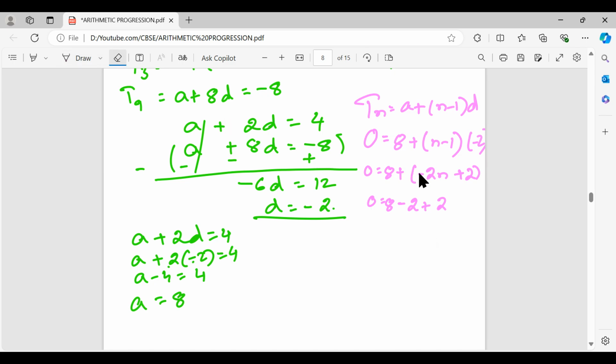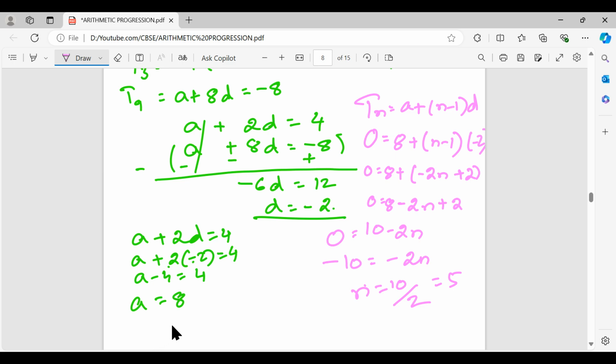One moment, I missed n here. So minus 2n plus 2. So you get here 8 plus 2 as 10 minus 2n equals 0. Bring 10 this side, so you get minus 10 equals minus 2n, minus minus cancel, and then n is equal to 10 over 2. So that is 5.